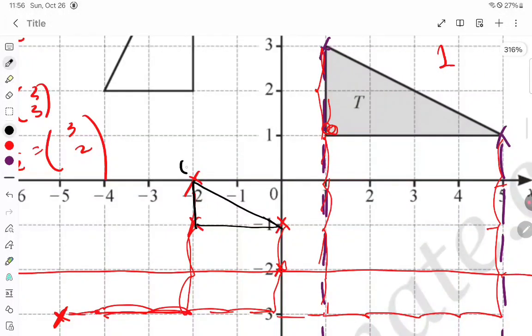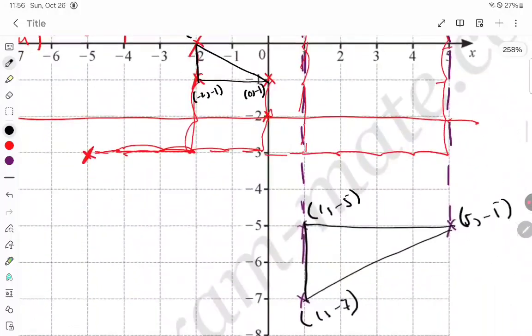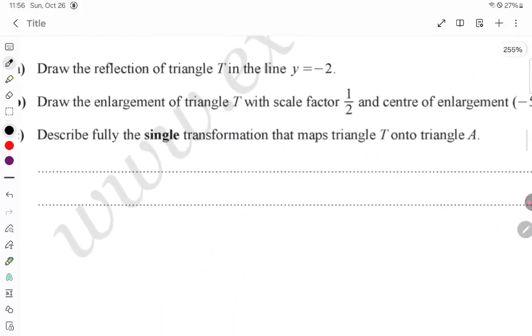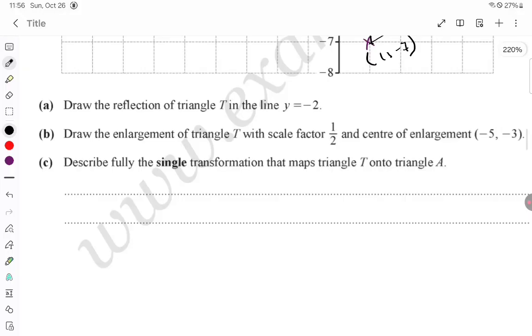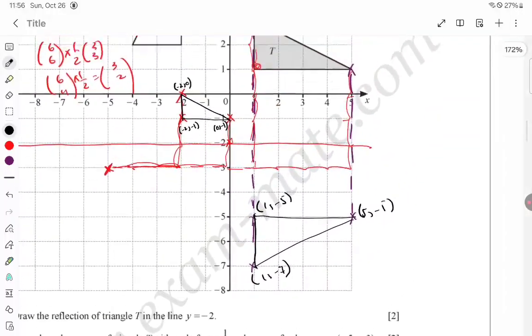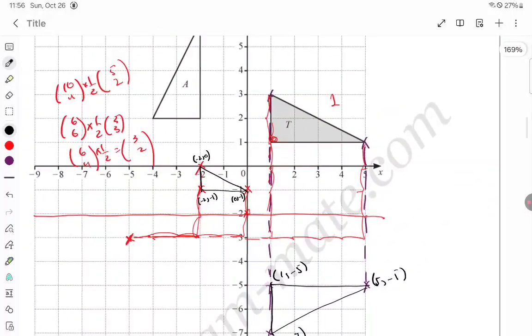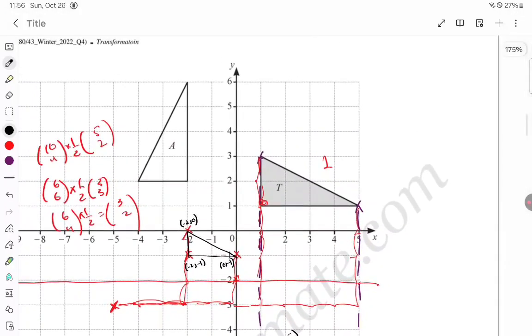If you mark the coordinates, this is part B. For C, describe fully the single transformation that maps triangle T onto triangle A. So for triangle T onto triangle A, it is a rotation in the anti-clockwise direction as it is moved from here to this.